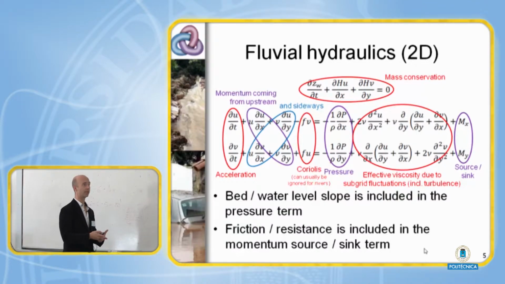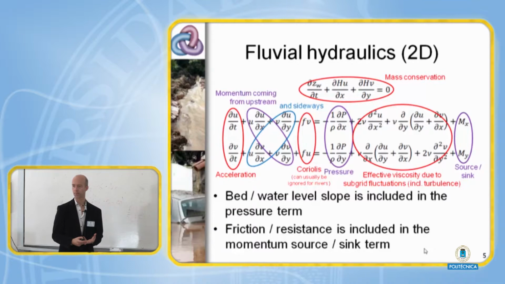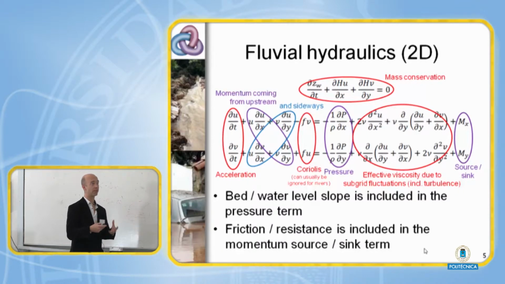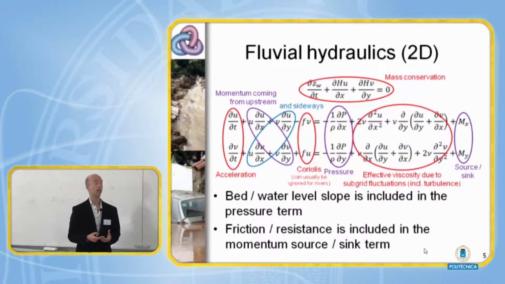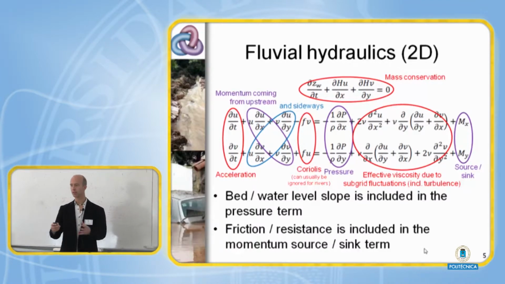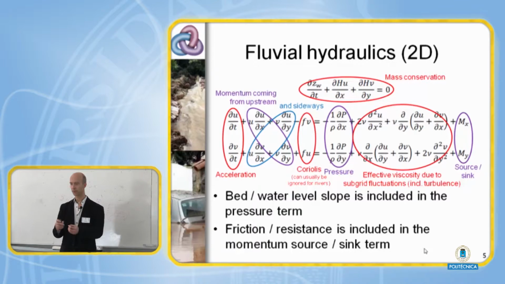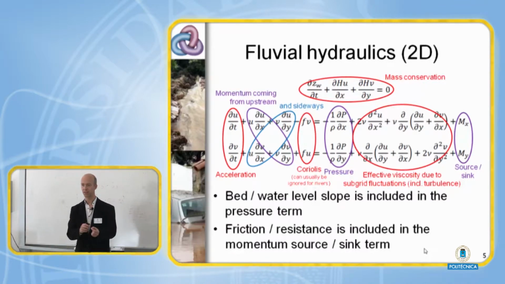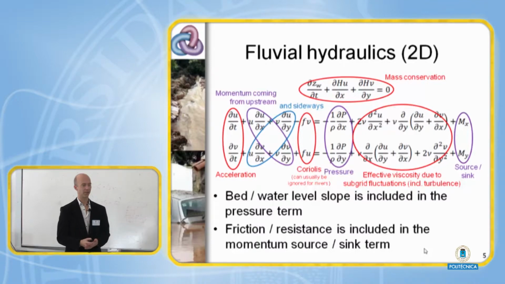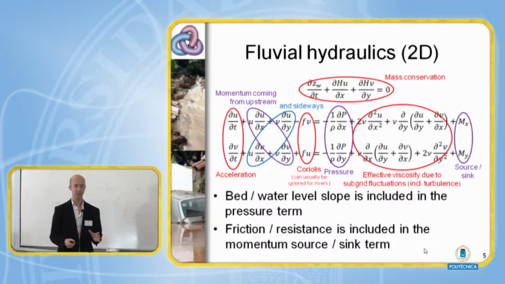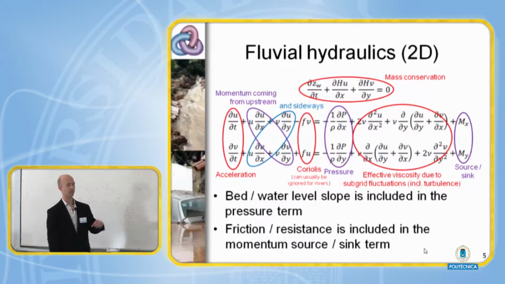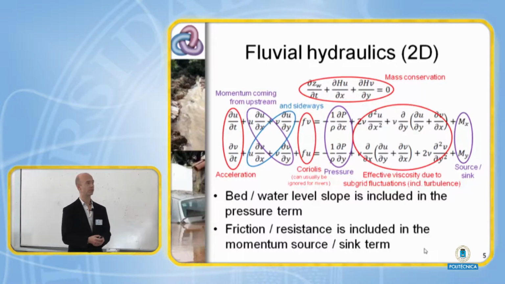And even for the viscosity and the bed friction, there are usually formulations by which you can estimate what they should be. So with these 2D hydraulic models, if you have the right geometry and all the right information, your simulation will give the right answer. That's a big difference compared to hydrology, because there is all kinds of heterogeneity, and there is a lot more calibration and expert judgment in there.